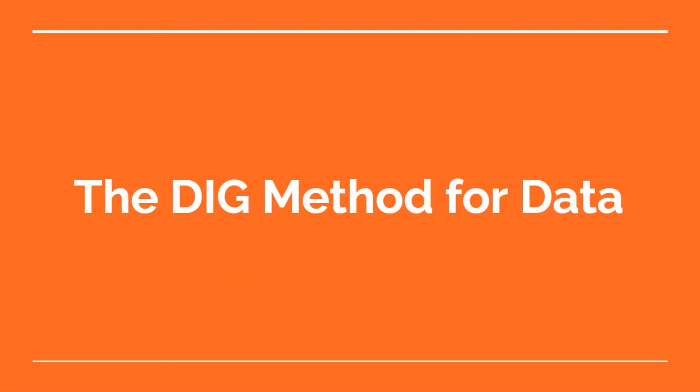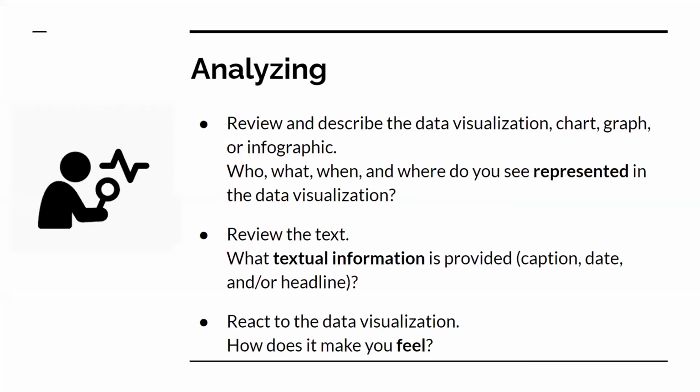So what is the actual Dig method for data? So there are 4 components that relate to the stages of reading. Analyzing is the first. So there are 3 questions here that I have the students answer. I have them review and describe the image that they're using that involves data.